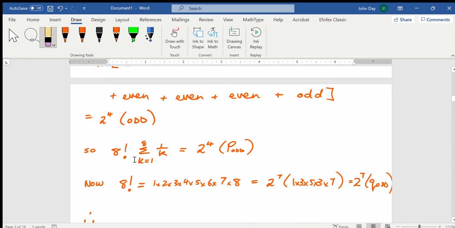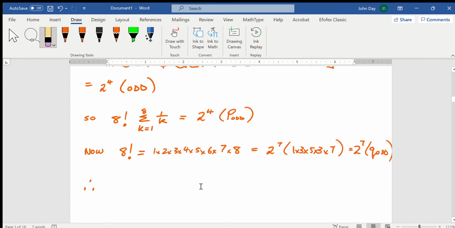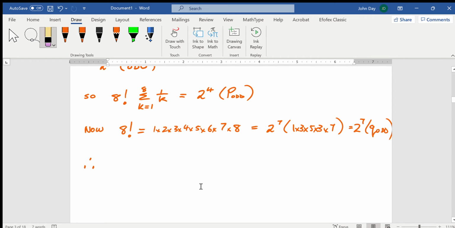Now we know that 8 factorial is 2 to the 7 times an odd number. So we can go ahead now and work out what we were trying to do. Now what were we trying to do? Well, we know that 8 factorial times the sum from k equals 1 to 8 of 1 on k is certainly equal to 8 factorial times the sum from k equals 1 to 8 of 1 on k. That's obvious, right?